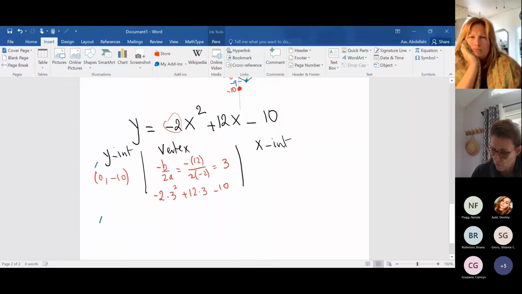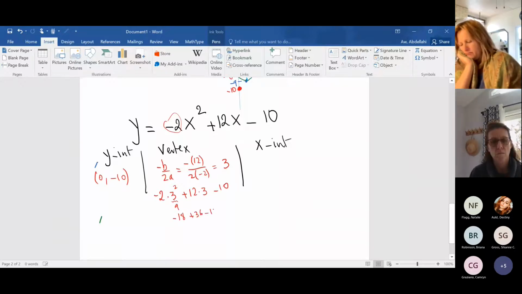We square 3, which is 9, and then multiply: -18 plus 36 minus 10, which is 18 minus 10, which is 8, right?